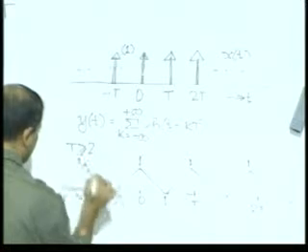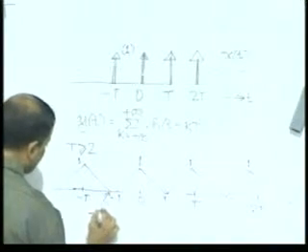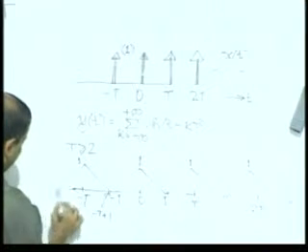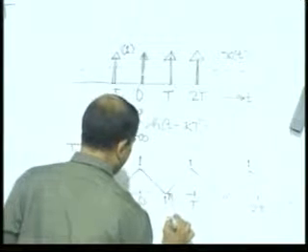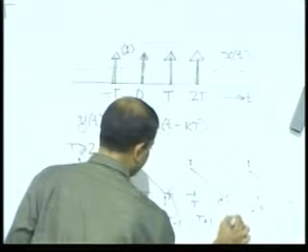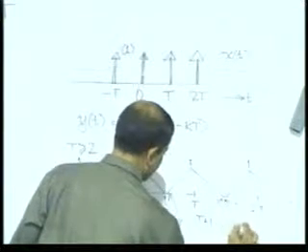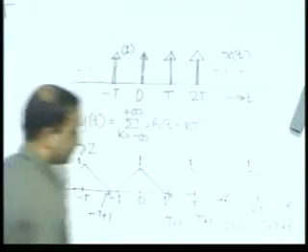This is minus 1, this point would be minus t plus 1, this point would be minus t minus 1, and this point would be t minus 1, this point would be t plus 1, and so on.